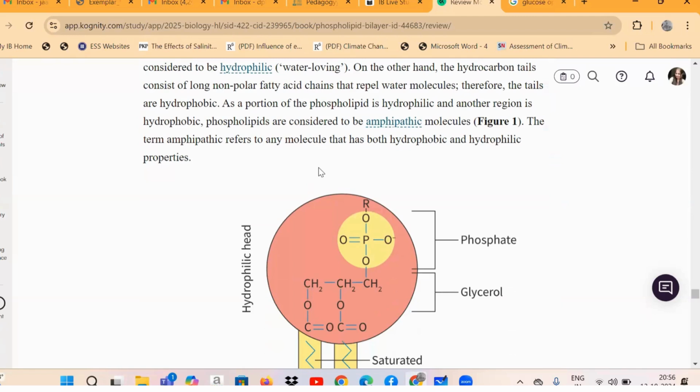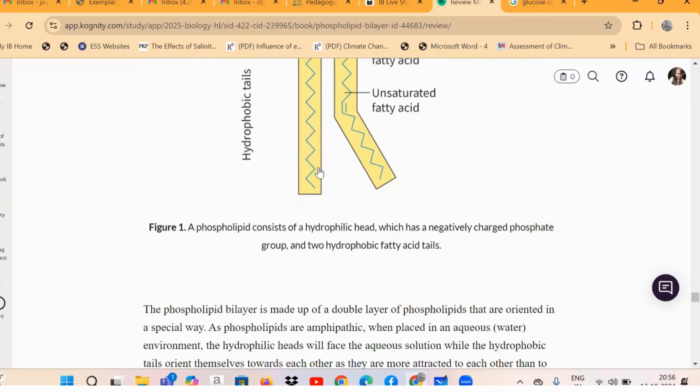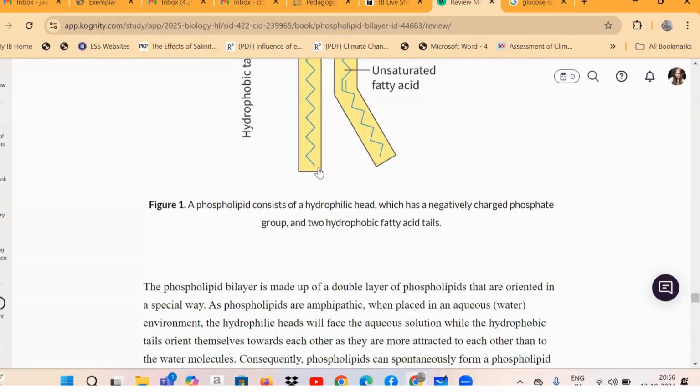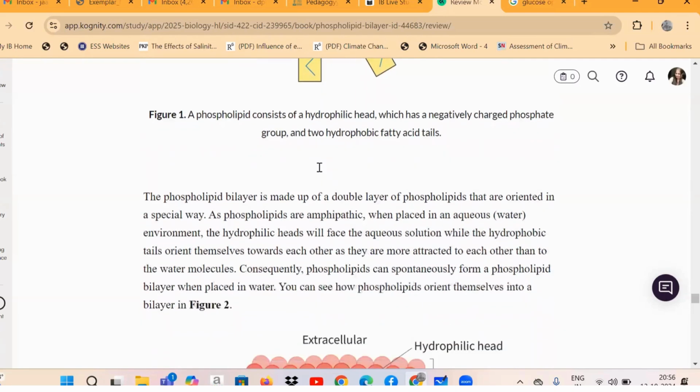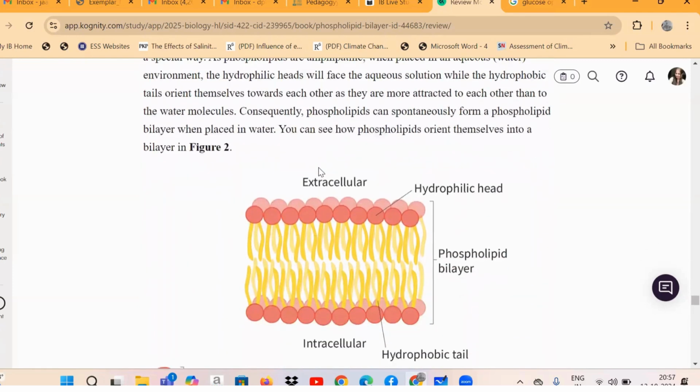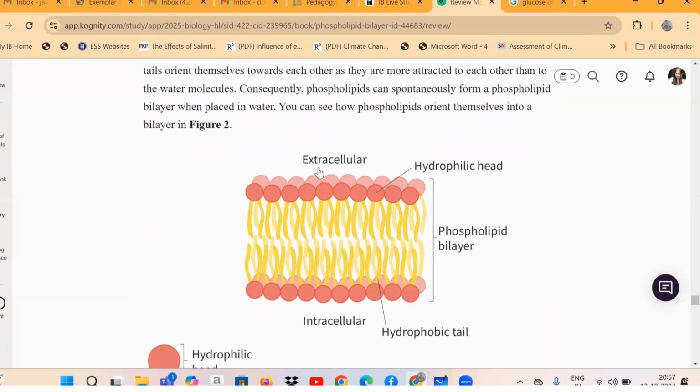Hydrophilic phosphate head and hydrophobic fatty acid tail. A diagram is sometimes asked to be drawn, identifying all the regions.